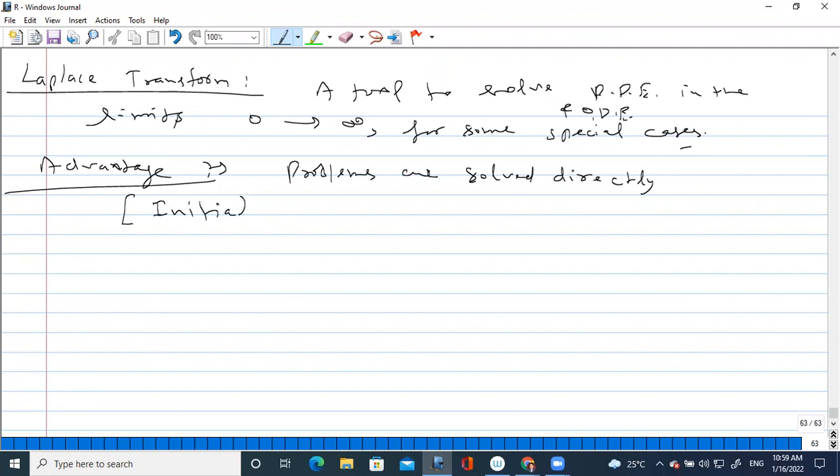Here the initial condition will be directly applied. Initial conditions are used directly. So we will solve one problem on that also, with the help of Laplace transform, we will use that.